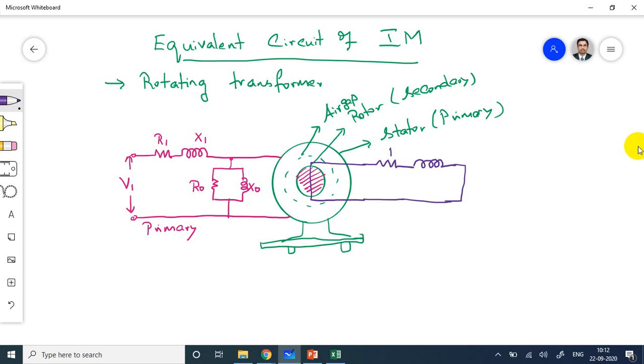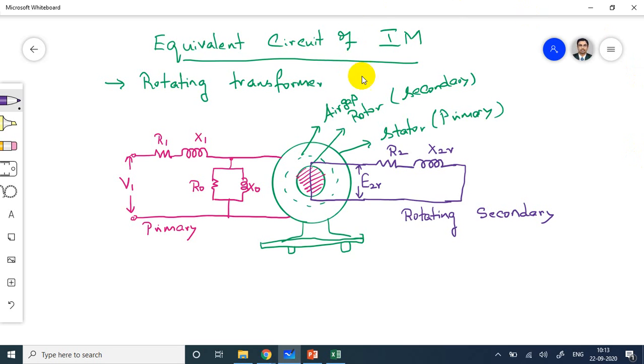This is R2, this one will be X2R, and the EMF induced in the rotor side will be E2R. This R stands for rotating, so the right hand side I am mentioning as rotating secondary. This is a rotating transformer; the induction motor is also called a rotating transformer.